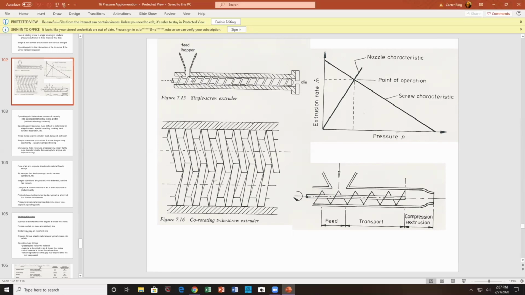Or I could perhaps go with something called a co-kneader. Now, a co-kneader will set you back 3 million, 5 million for a decent size operation. Say I was making something like battery paste, right? You would want to use a co-kneader, which reciprocates and rotates at the same time.